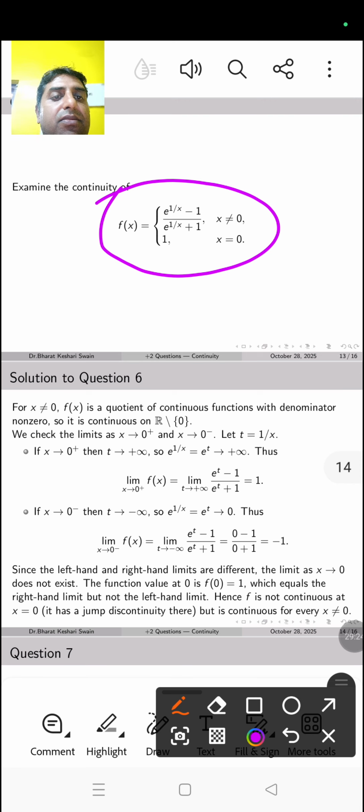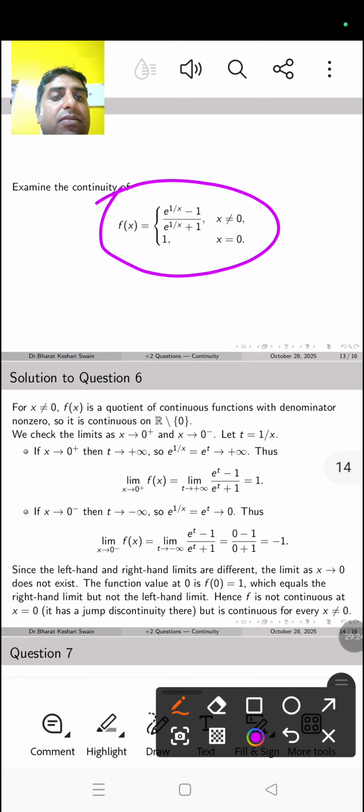Using the working formula, it will be limit h tends to 0 of f of 0 minus h, that is f of minus h, so 1 by minus h plus greatest integer of minus h.